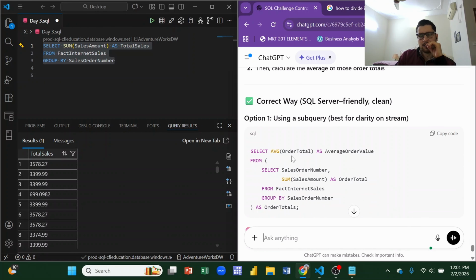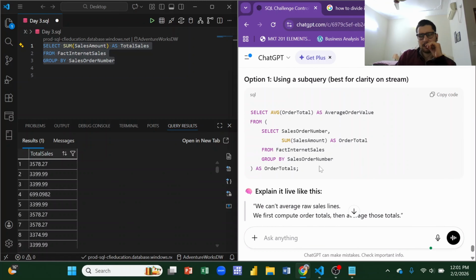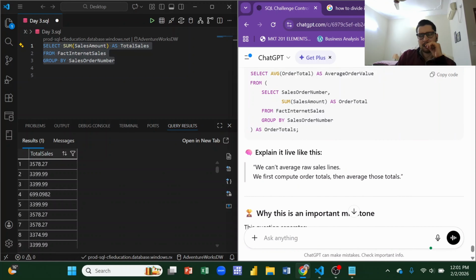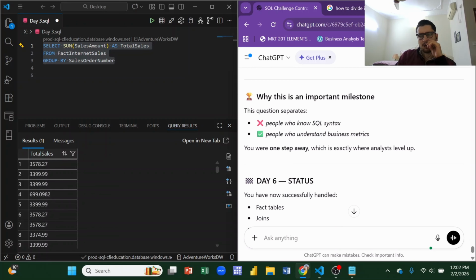Select average order total as average order value from a subquery. It explains that we can't average raw sales lines. We first compute order totals, then average those totals. This question separates people who know SQL syntax from people who understand business metrics. You are one step away, which is exactly why it is an analyst level up.